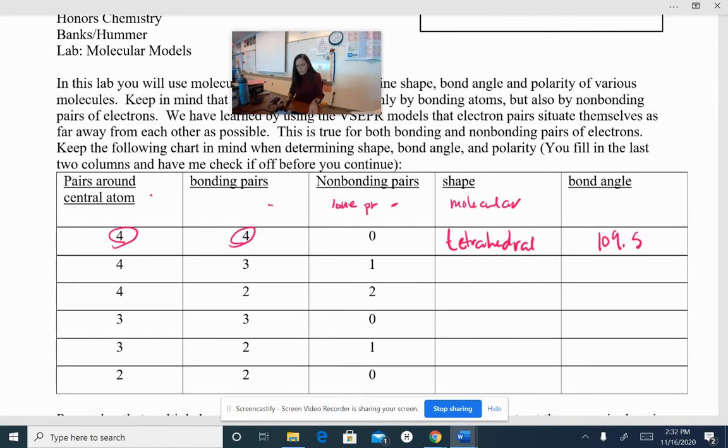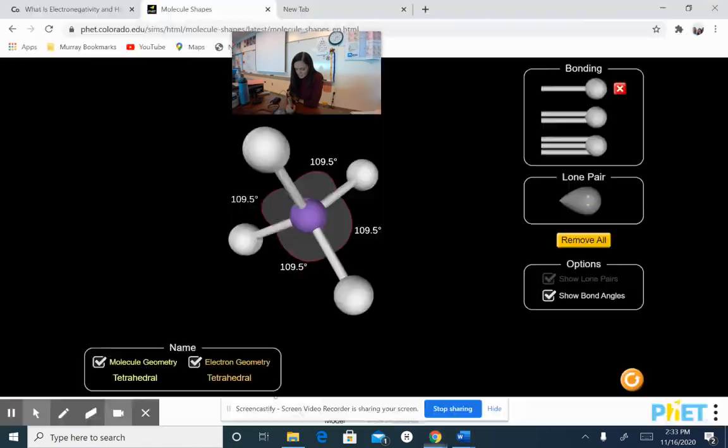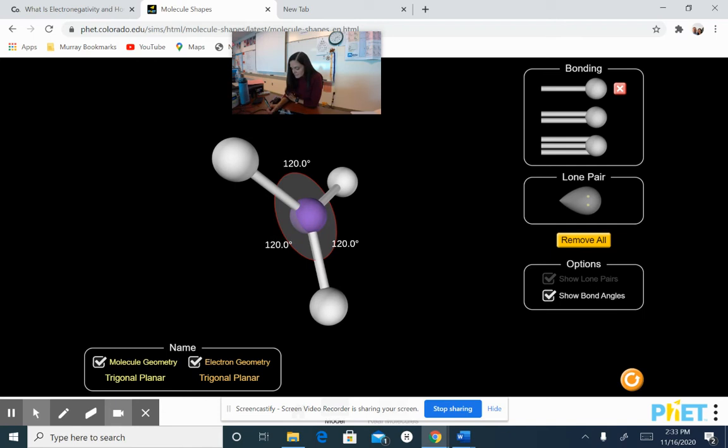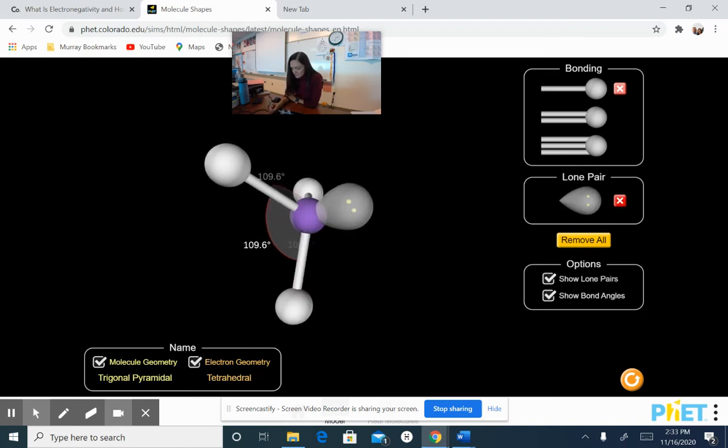Okay? So if we look at this next one, we have 4 areas, but we only have 3 bonding areas. So we have 1 lone pair. So let's go back to the PhET, and we want to get rid of one of those bonding areas, and we want to add a lone pair to it. Okay?